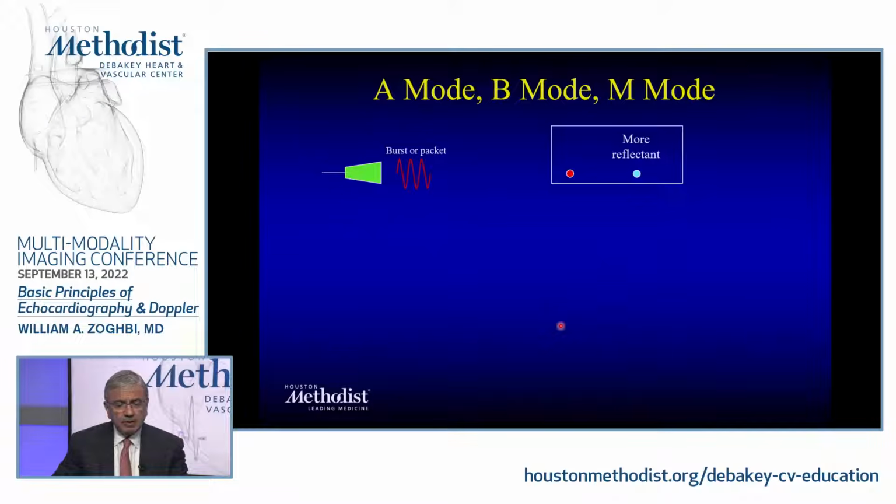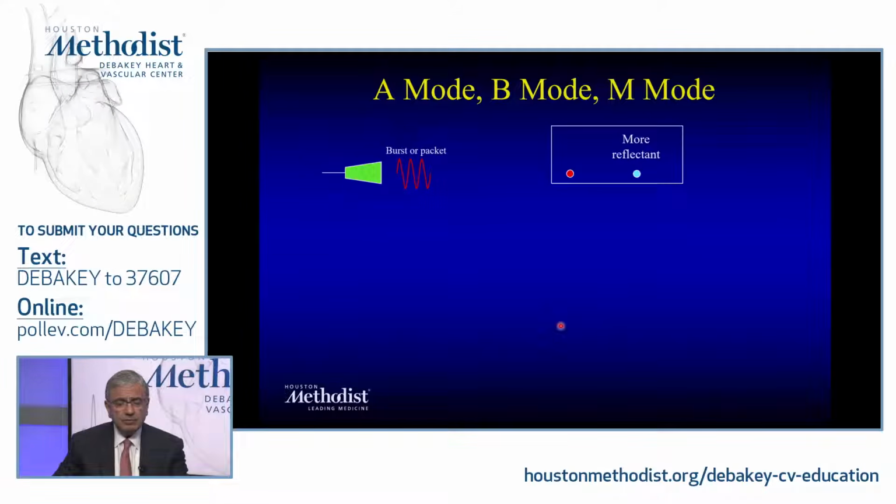Now the various names and modes that use ultrasound: one is the A mode, or amplitude. So if we take this burst or packet of ultrasound that is sent, this is a more reflectant as opposed to a less reflectant surface. And you look at A mode.